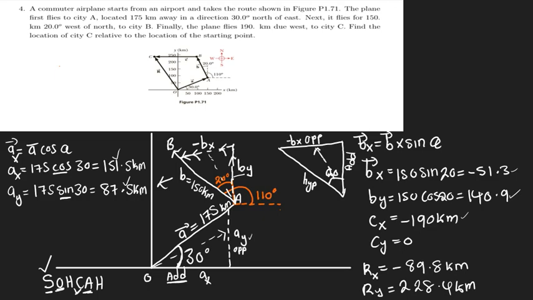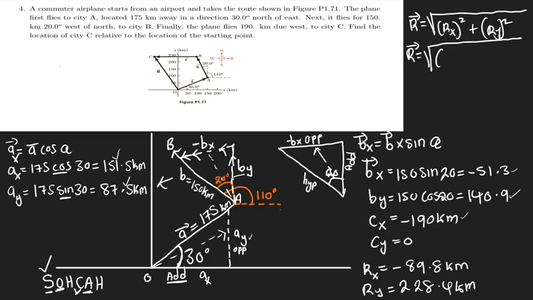So from here we can do our calculations. The resultant vector r is going to be the square root of rx power 2 plus ry power 2. So we're going to put our negative 89.8 power 2 plus 228.4 to the power 2.